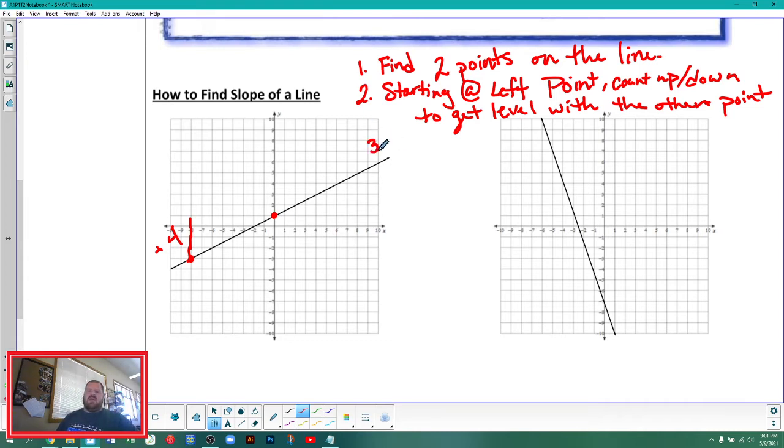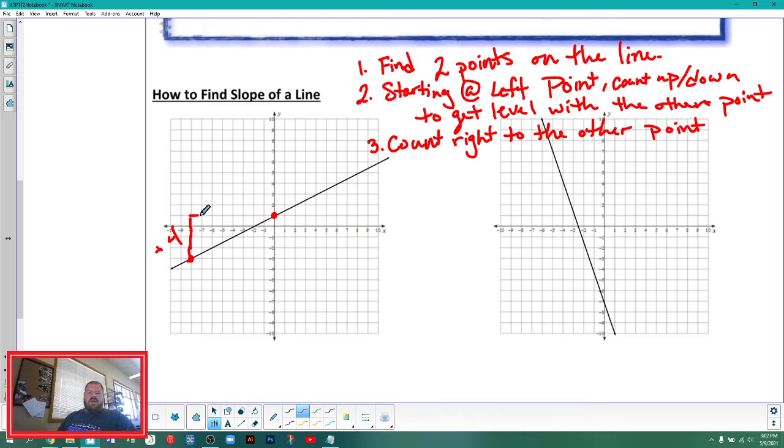Okay, so step 3 is count right. If I start at the left point and I move up or down, I'm always counting to the right. So I'm going to count right to the other point. In my office analogy, I went up so many floors, and now I have to go across so many doors until I get to his office, okay?